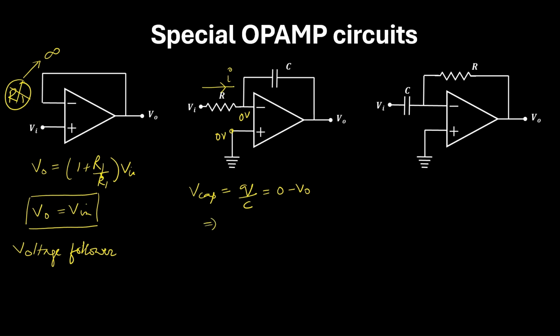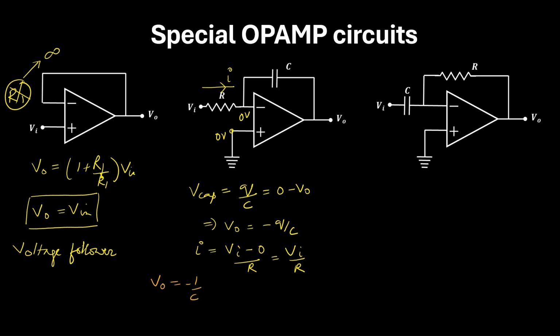So V0 is equal to minus Q by C. Now the expression of the current is I is equal to V input minus 0 by R, that is Vi by R.